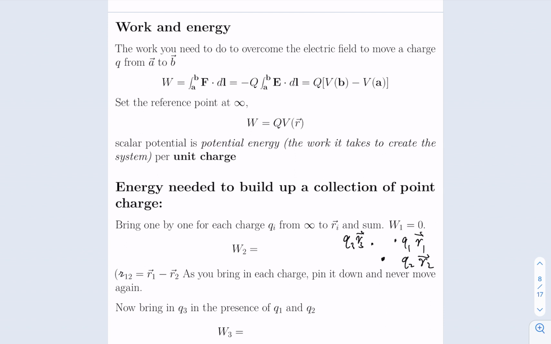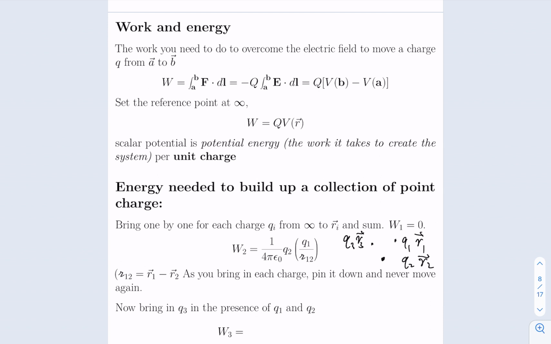Now if we want to bring the second charge in place, we have to overcome this potential energy, right? And we derived this point charge potential before, that is proportional to 1 over curly R. So here the second charge is still an easy process, and it's proportional to 1 over curly R12. And curly R12 is simply the separation vector between charges 1 and 2.